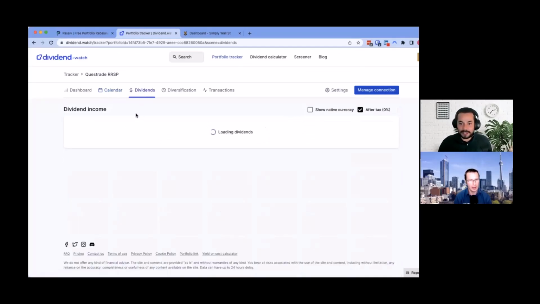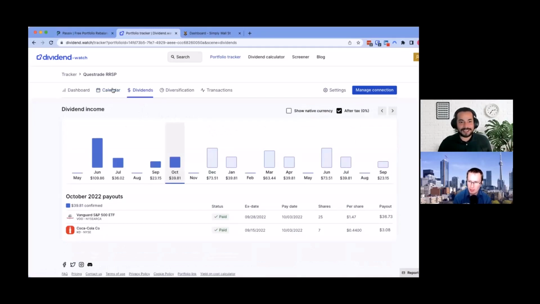And the other thing, I remember when we were talking about this offline before, I remember asking you, what is the difference between what Passive's reporting tools provide when it comes to dividends versus what these guys provide? Because the way I currently use Passive is there's reporting tools in your software where you will see which ETFs paid me how much in dividends and when those dividends were received.